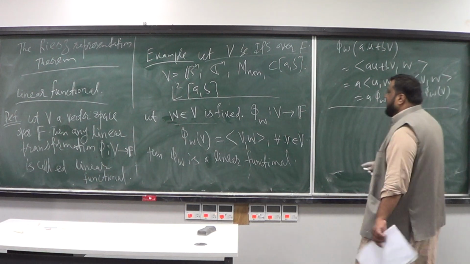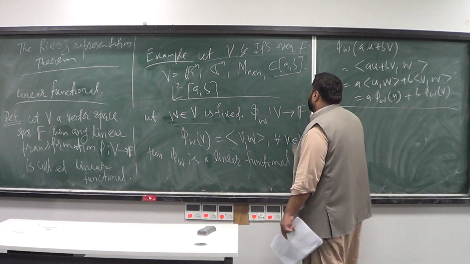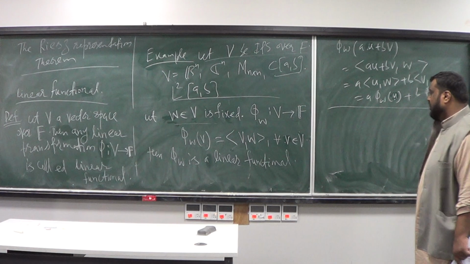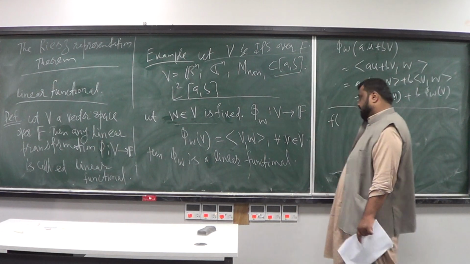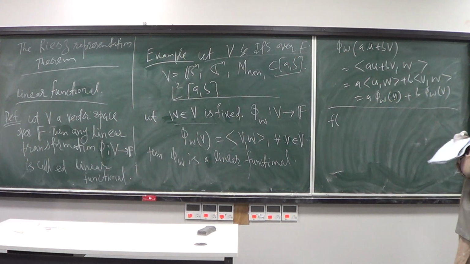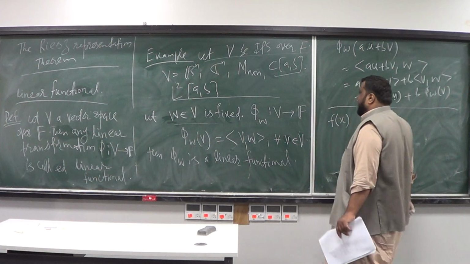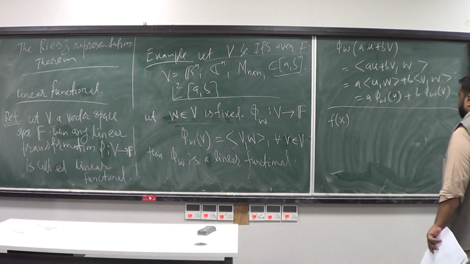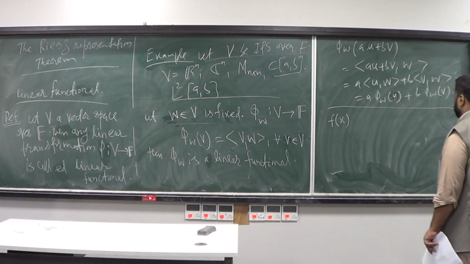For example, let's consider this linear functional here in C[a,b]. Let's take, for example, f of x to be some function, where x is in the interval a to b.